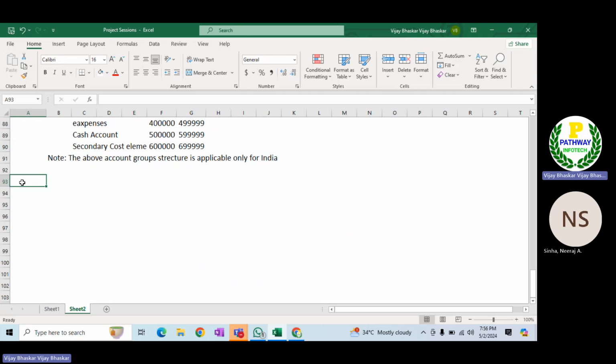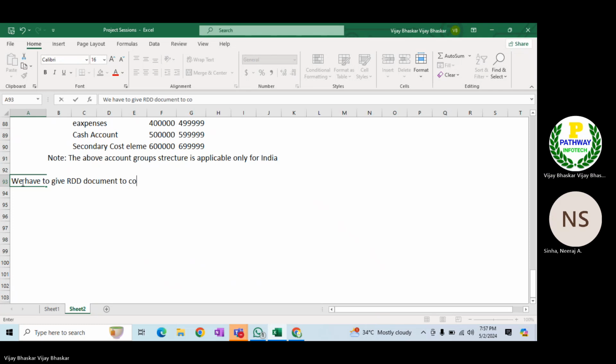We have to give a separate document to the business. Then it's an RDD document. We have to give the RDD document to core team members to describe the business requirement and logic.